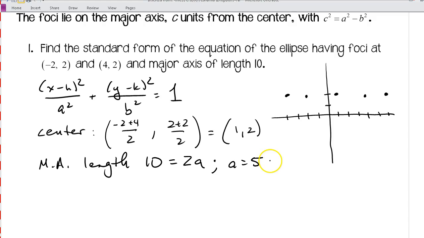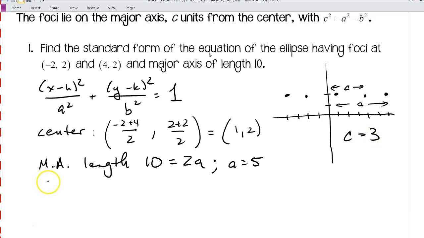And since I know where my foci are, so that's my distance a, and then this is going to be my distance c. I know that c, that's 1, 2, 3, I could just count that off, so that's going to be 3. That's the distance from the center to either of the foci, so c is 3.